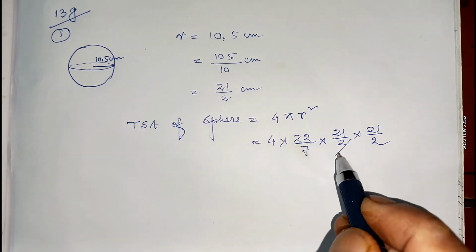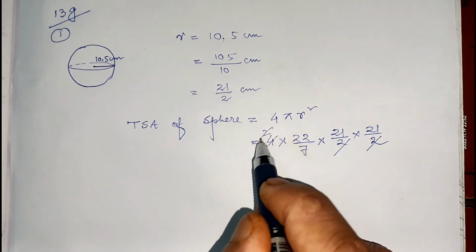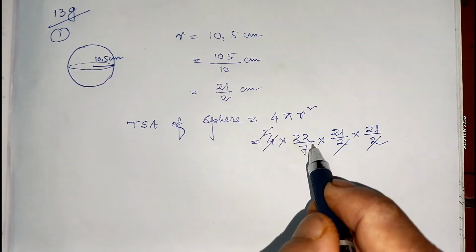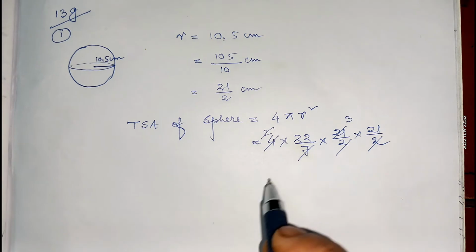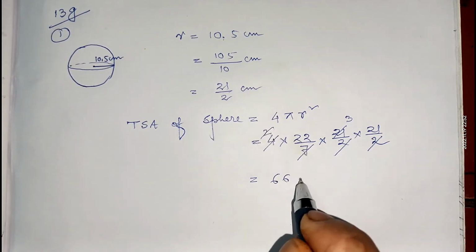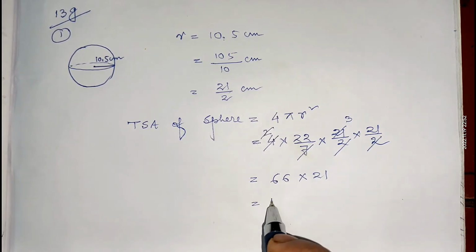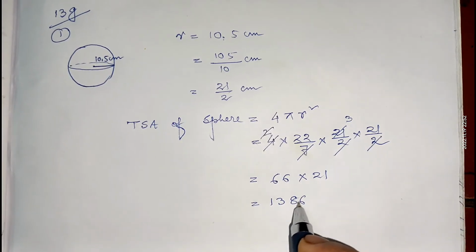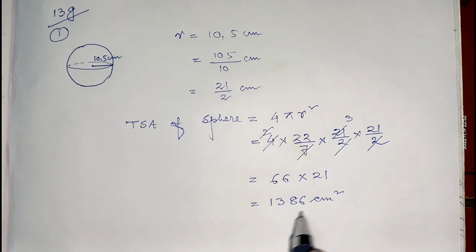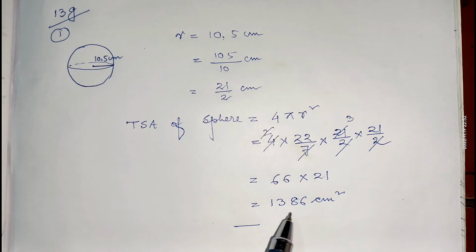Now these 2 and 4 can be cancelled. It will be 2. These 2 and these 2 also can be cancelled. Again 7 3s are 21. So we are left with 3 into 22. It is 66 into 21, and 66 into 21 will give 1386 centimeter square. Therefore, total surface area of the sphere is 1386 centimeter square.